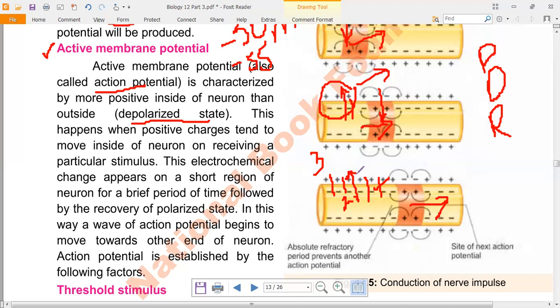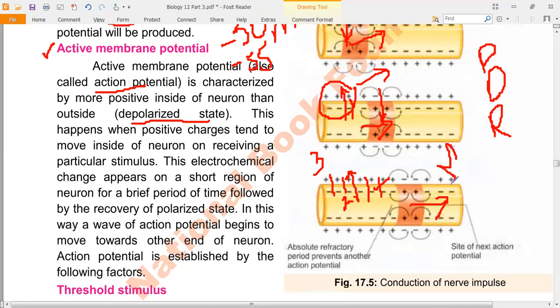So with that, in the refractory period, there is a recovery of sodium ions outward of this membrane and potassium inside of the membrane. And then the action potential is moving forward up to the last of the neuron.